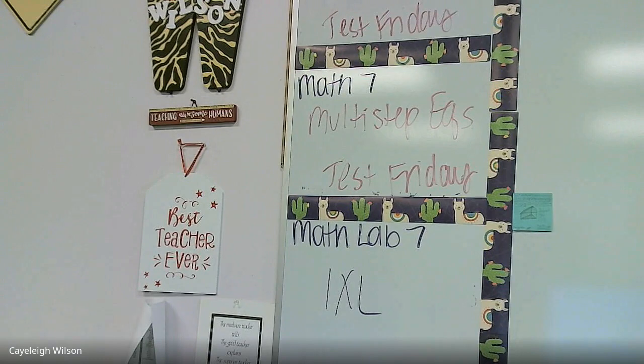Oh, on number 2, I see parentheses, which tells me I need to distribute first. Okay, so I'm going to distribute that 6. Now, before I do that, how many x's is this? That's like a 1x. So if they don't put a number in front of it, it's a 1. Okay, so then I distribute that 6 in there.